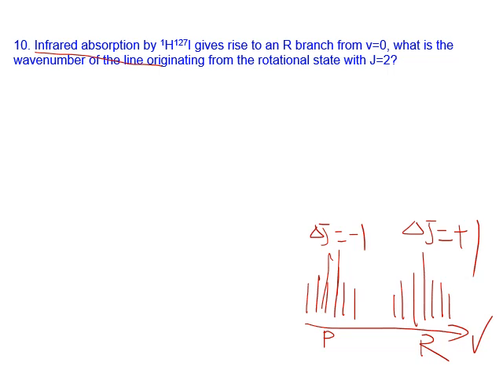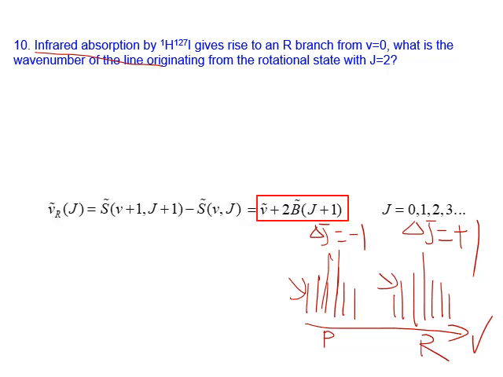We have a derived equation to calculate these frequencies, and for the R branch, the equation is here. You can find this in my lecture notes. This is the natural frequency of the vibrator, this is the rotational constant, and the J numbers are 0, 1, 2, 3.